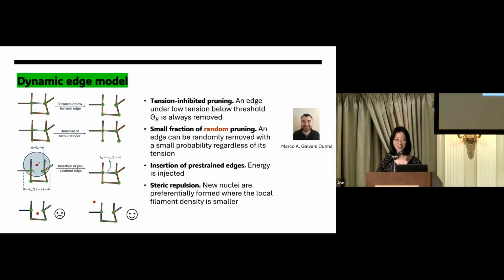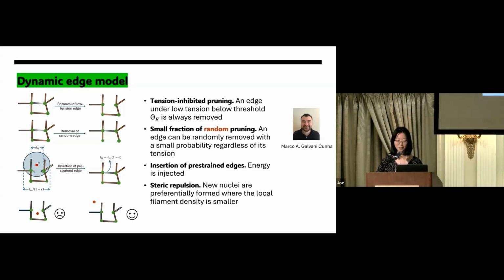Okay, so we have tried a lot of dynamic ingredients, and here is what works. It needs basically 4 ingredients. We have built 2 models, one for edge dynamics and one for node dynamics, just to separate. For the edge dynamics, we first need tension-inhibited pruning, as we have just said. That means an edge under low tension, below some threshold theta E for edge, is always removed in each iteration.